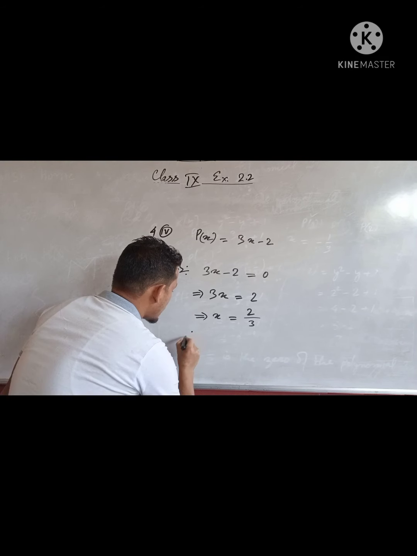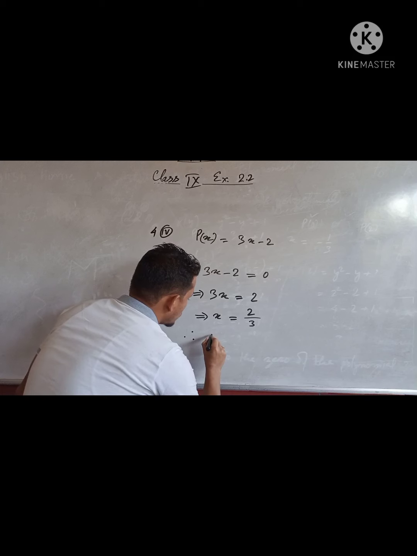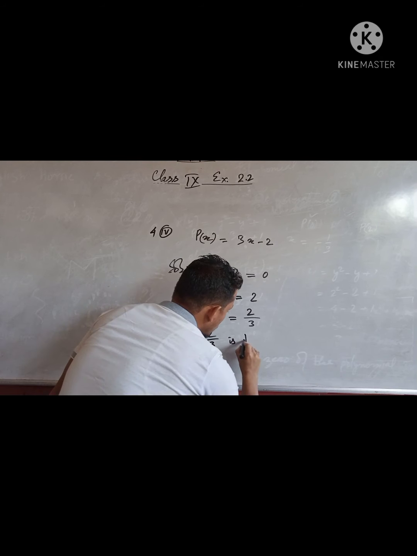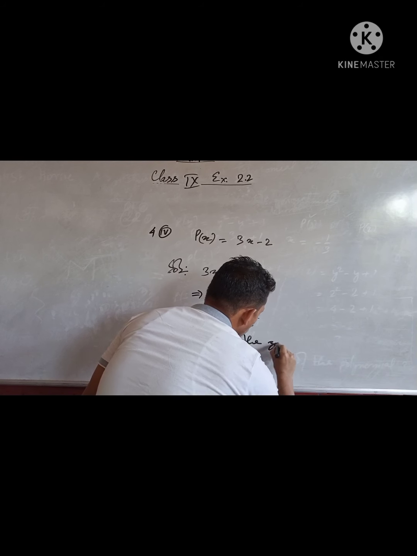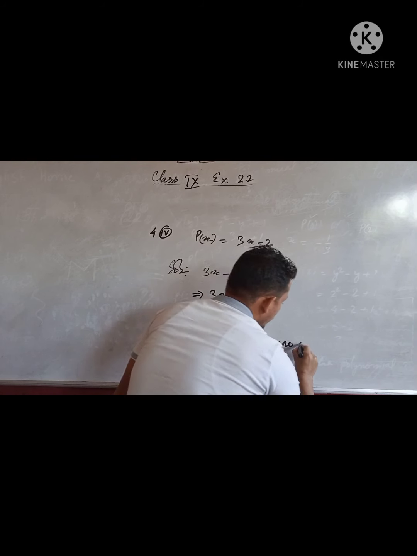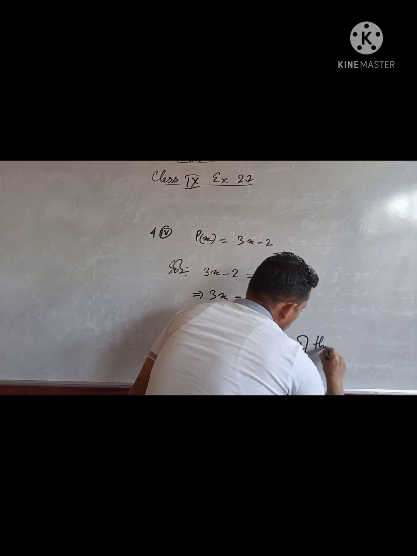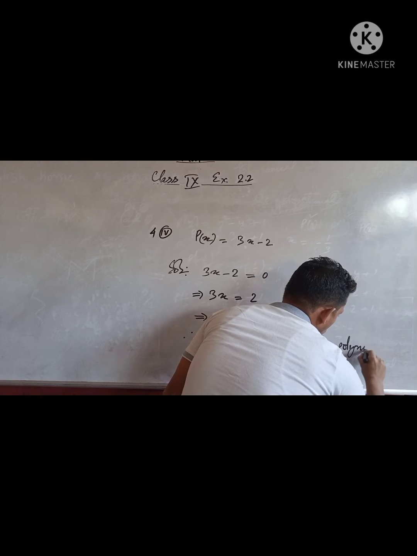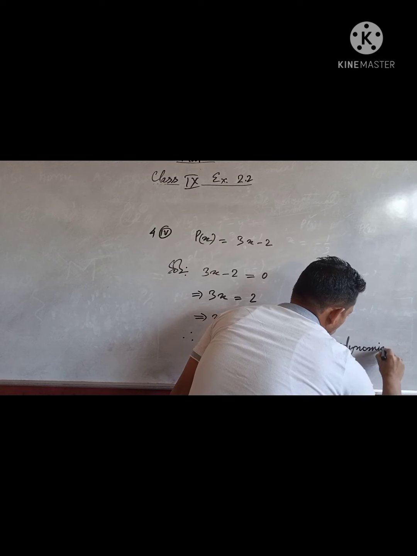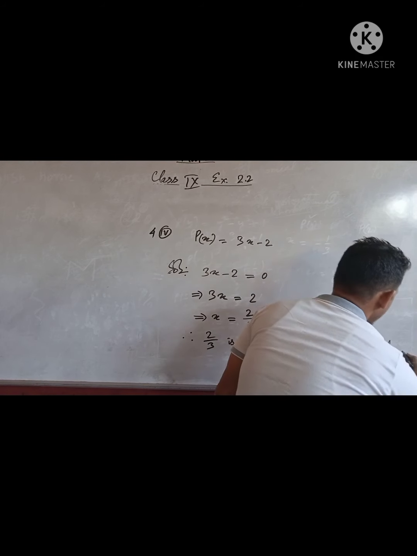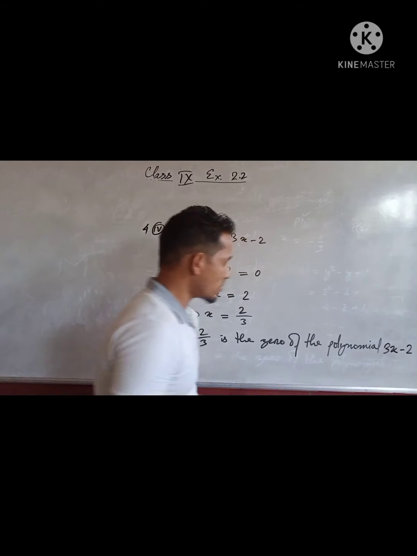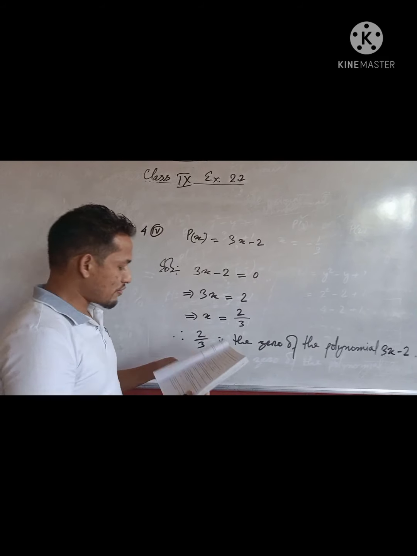So you will write therefore 2 by 3 is the zero of the polynomial, 3x minus 2. So this is all about question number 4.